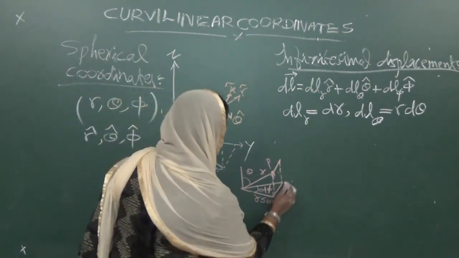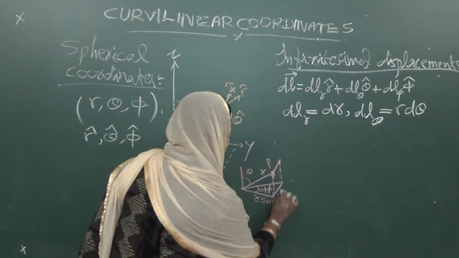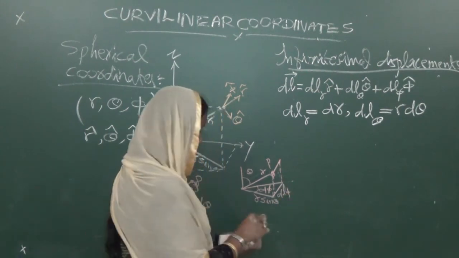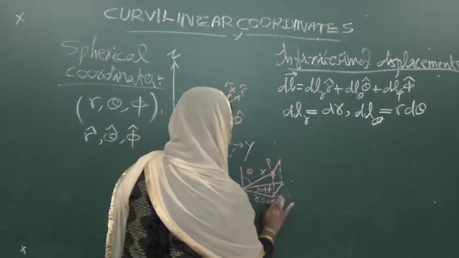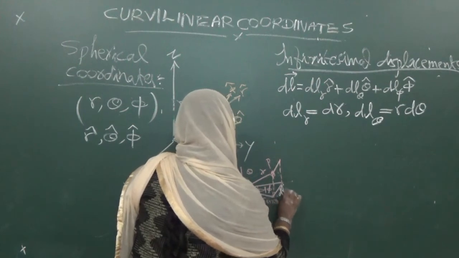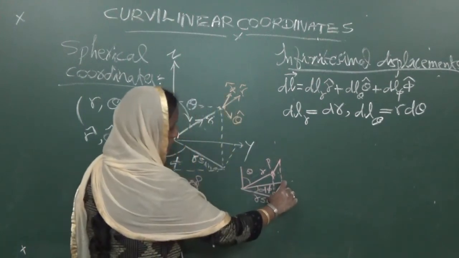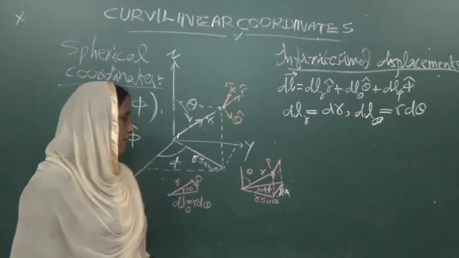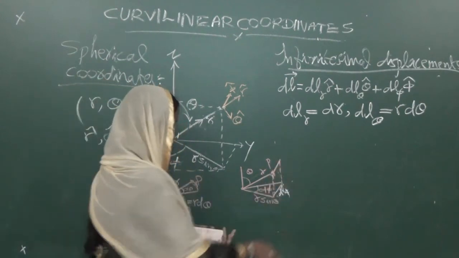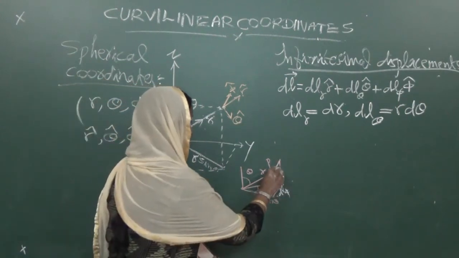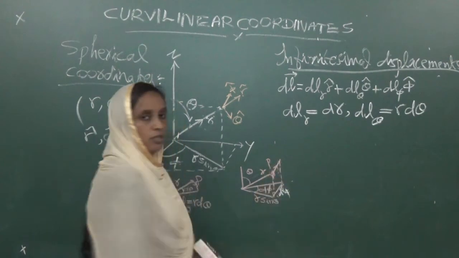This displacement is dl_phi. These are equal.